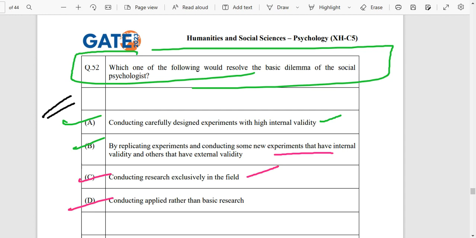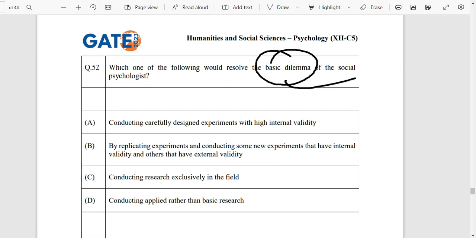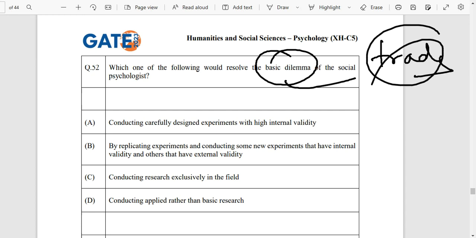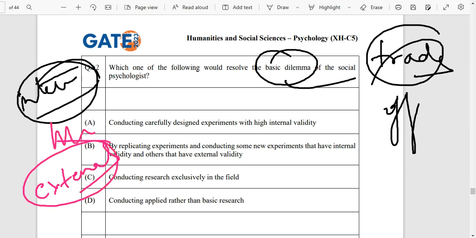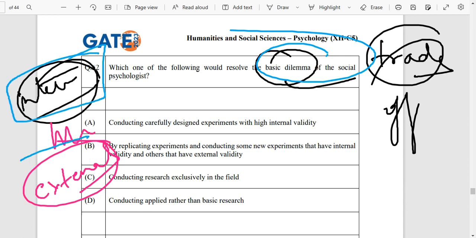So first of all, you should know what the basic dilemma is. The basic dilemma is the trade-off between internal validity and external validity. In an experiment, you cannot have internal validity and external validity at the same time.